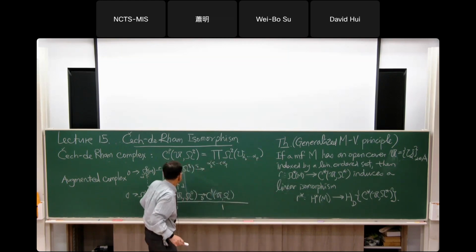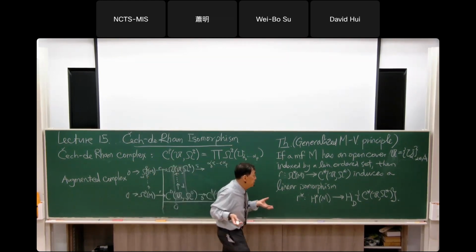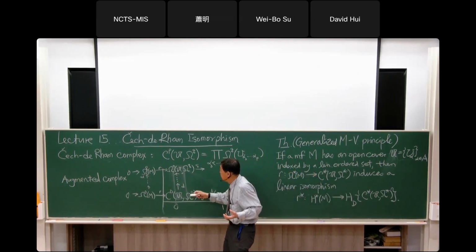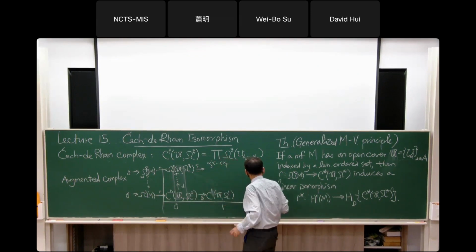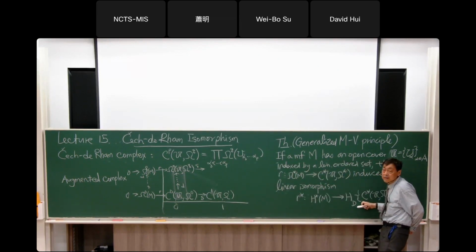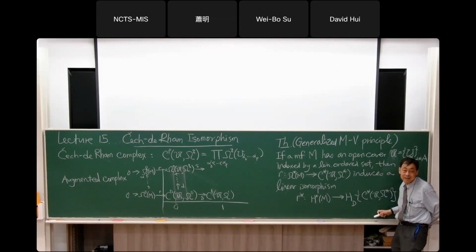Because the double complex can be made into a single complex with differential D, which is just the sum of the vertical differential with the horizontal differential. But you need to put a sign on the vertical differential to make the two differentials anti-commute. So this gives you a way to calculate the de Rham cohomology using the double complex.